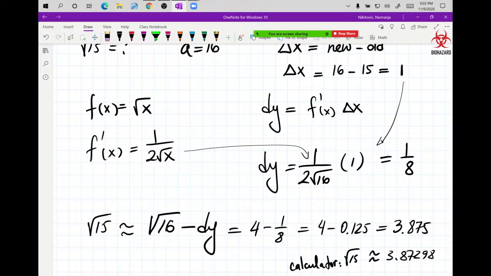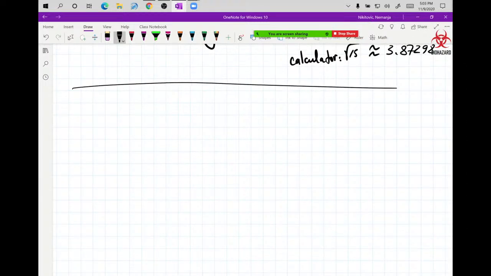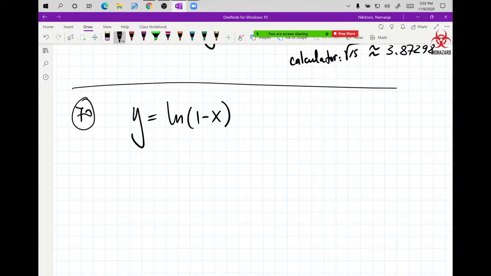Yeah, why not? So problem 70 says y equals ln of 1 minus x. Oh, that's a problem. Now, they don't give us a value to compute. They just want us to compute the differential. And then we can argue the difference between what the differential gave us and what we computed.